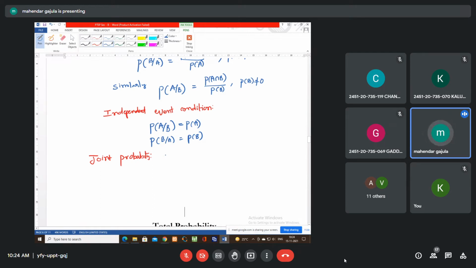So we define it as the probability applied on event A intersection B. This is joint probability, or we can also write it as the multiplication AB. For independent events, this P(AB) should be equal to P(A) times P(B).